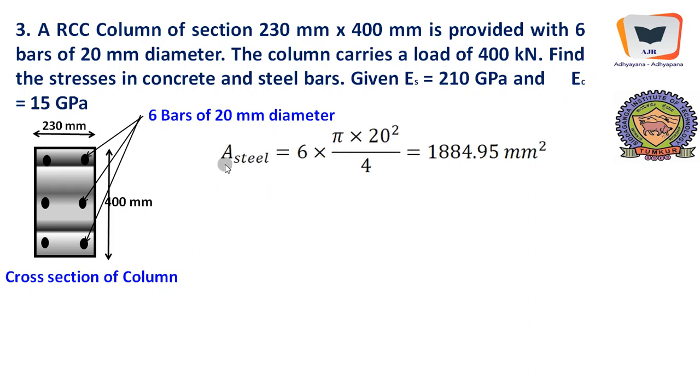First of all, we will find the area of cross section in order to make our further calculations easy. So there are 6 bars, each of diameter 20 millimeter. Therefore pi d square by 4 is the area of cross section of one bar, and multiplied by 6 we will get the area of steel hidden in this concrete matrix.